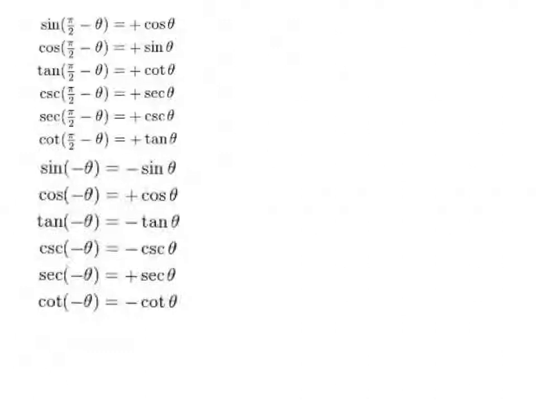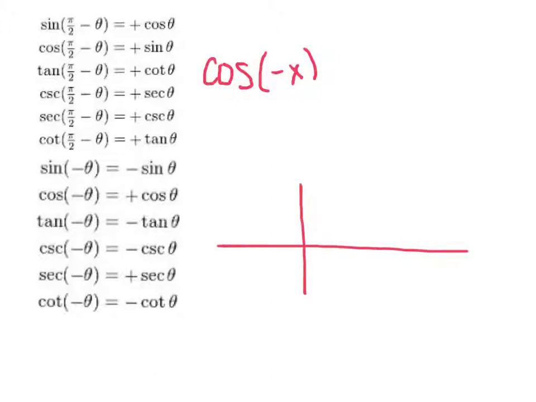Like if it said sine of negative x, or actually I think I just did sine, so let's do cosine. If it had cosine of negative x, picture a cosine graph. It looks like this on this side, and looks like this over here. And so the cosine, let's say we took, here's negative 90.